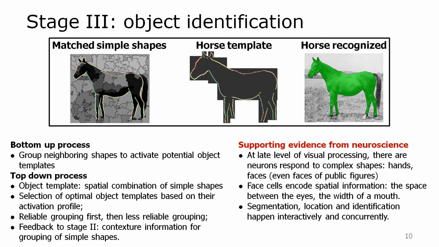In the top-down process, potential object templates are evaluated based on their activation profile, whether their parts are fully matched, only partially matched, or not at all.